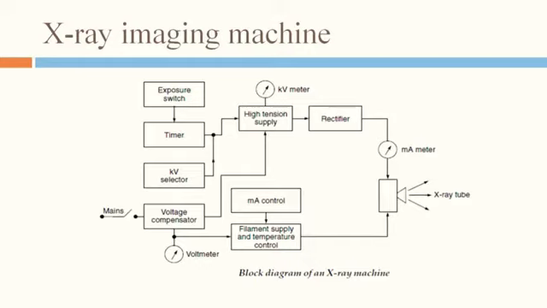The filament current is controlled using, in the primary side of the filament transformer, a variable choke, or you can also use a rheostat. The rheostat provides a stepwise control of milliamperes and is most commonly used in all modern machines.